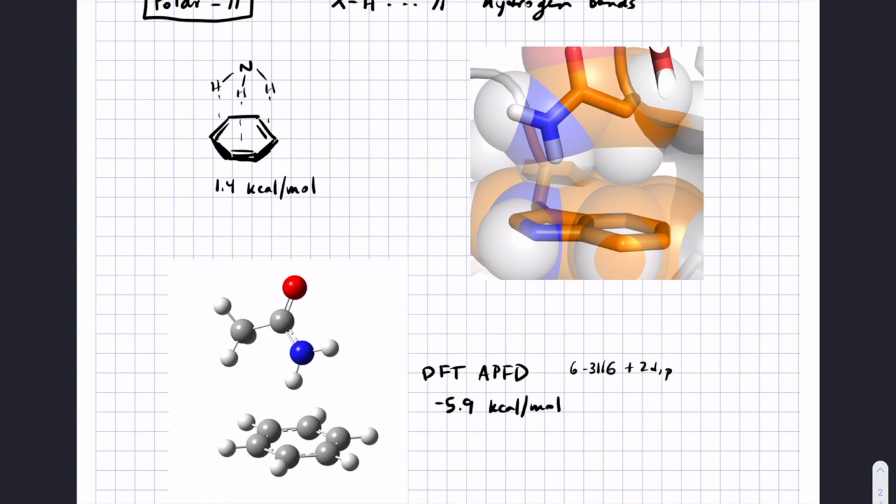Induced dipole interactions, or London dispersion forces or van der Waals interactions, fall off with 1 over r to the 6th. So that's a much, much more sharp distance dependence than you see for full-on charge interactions or even for dipole interactions.